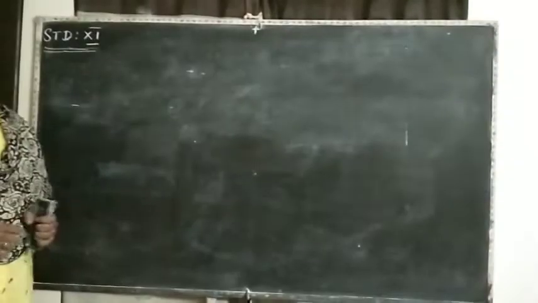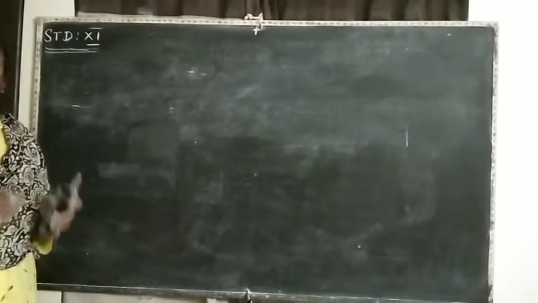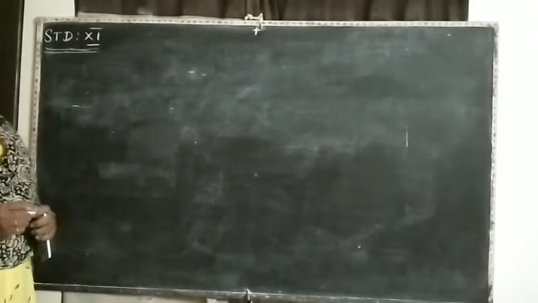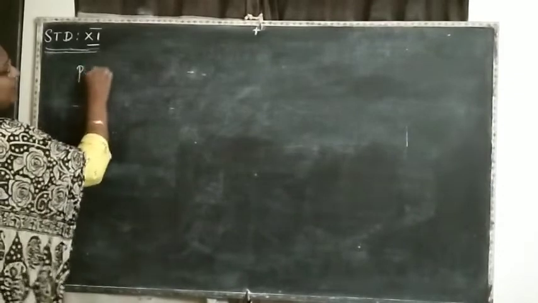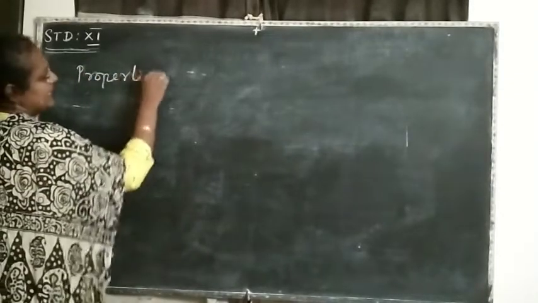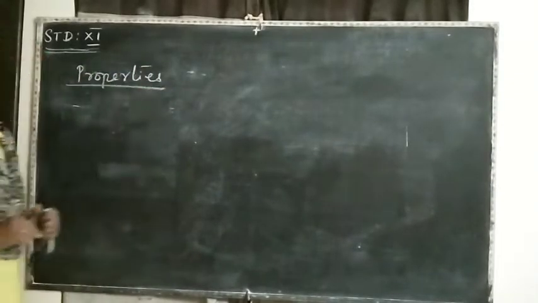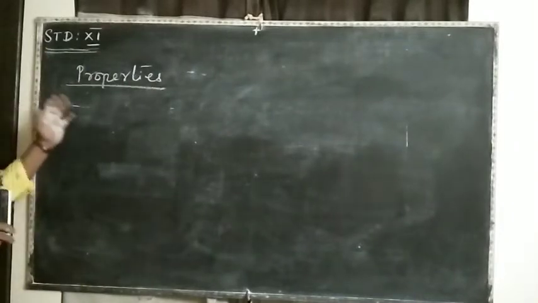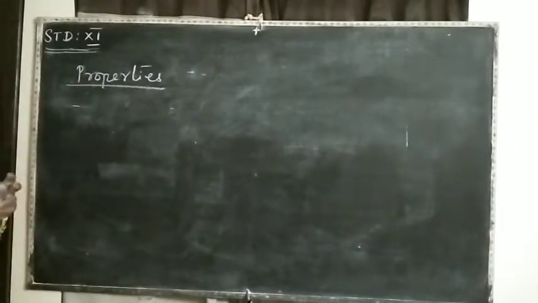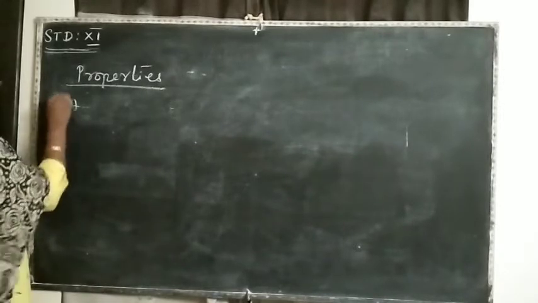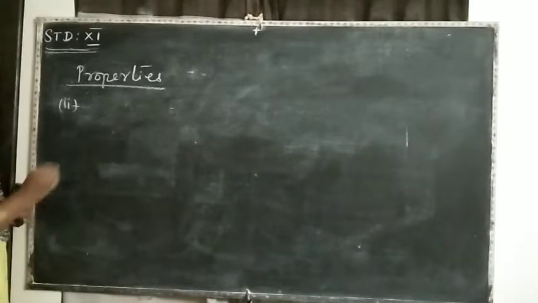Okay students, let's discuss the properties based on the absolute value. We have only two properties, very simple and very important properties too. First let's discuss the second property and then we'll go on to the first property. What does this second property say?